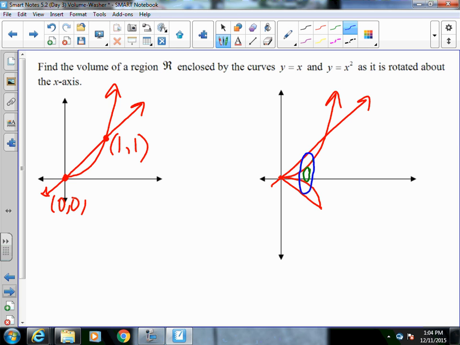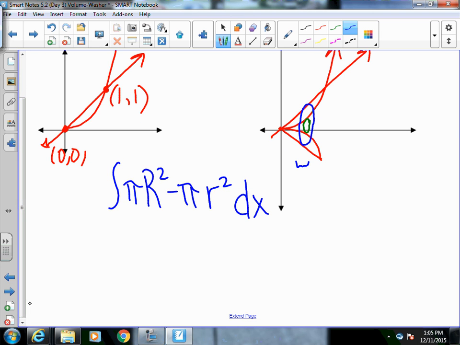Our generic formula is pi big R squared minus pi little r squared, times whatever the thickness of each slice is. In this case, our slice thickness is going to be an x value, so this is going to be in terms of x, dx. And we know that our limits of integration are going to be from 0 to 1, because our x value here is 0, our x value here is 1. And we get pi big R. Let's talk about big R for a second.